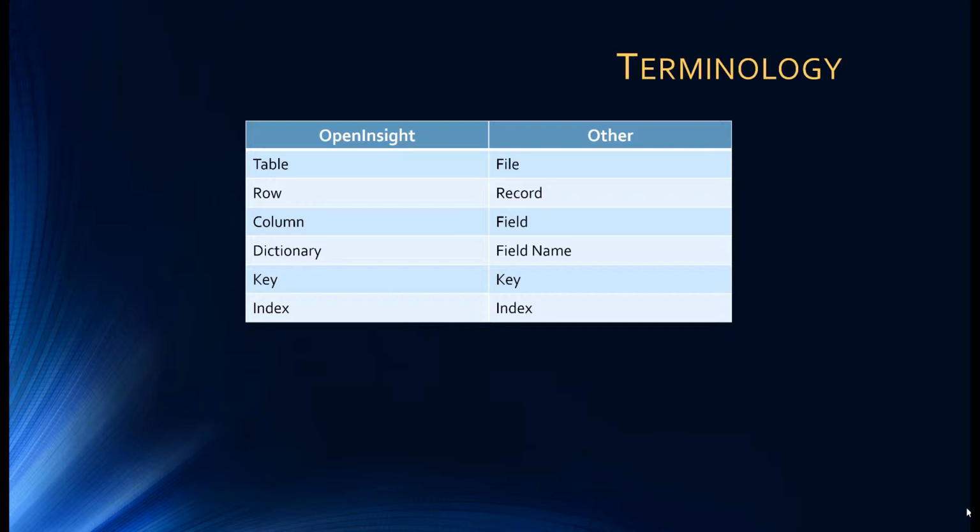So this table just touches on a few of the things that you might want to be aware of. Mainly, when I refer to a table, that can be a file as well. A row refers to a record, a column refers to a field. So just bear those differences in terminology in mind whilst we're actually going through these videos.